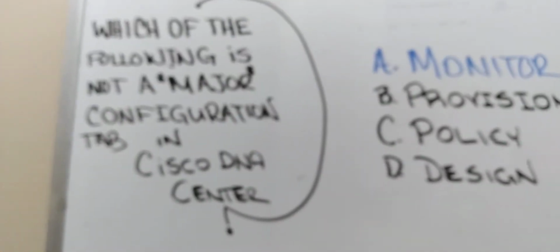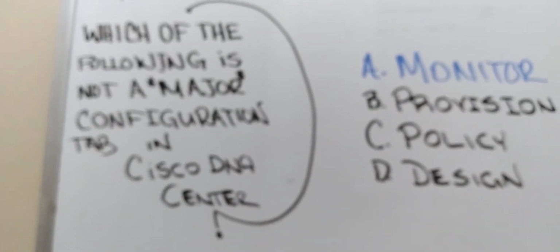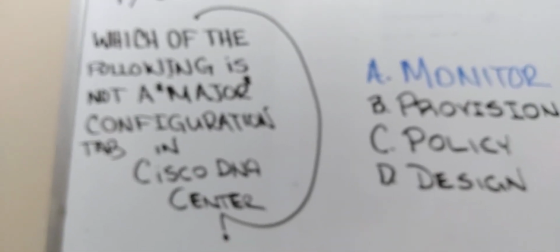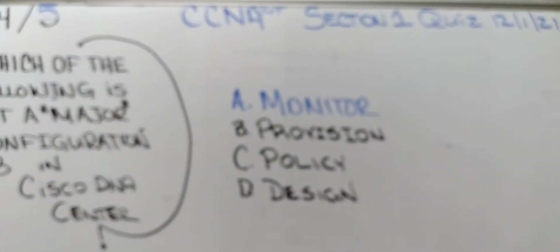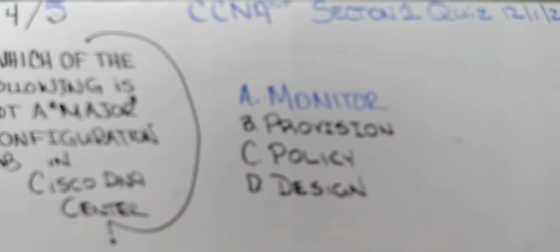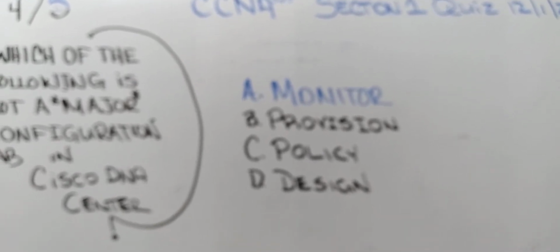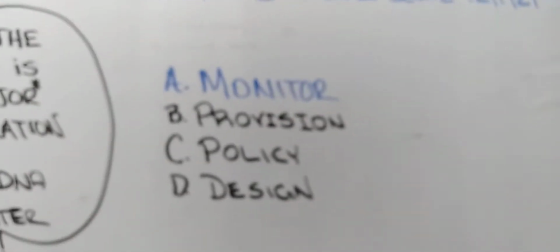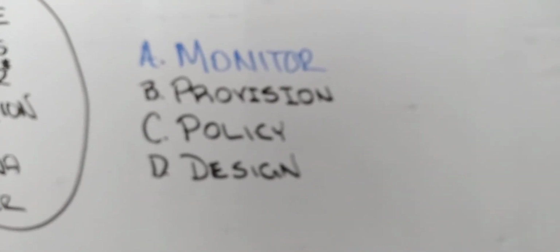Number 4: Which of the following is not a major configuration tab in Cisco DNA Center? Is it A, monitor, B, provision, C, policy, or D, design? And as you can see, the answer is A, monitor.